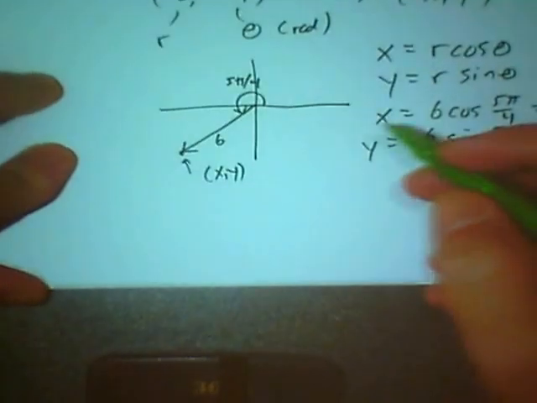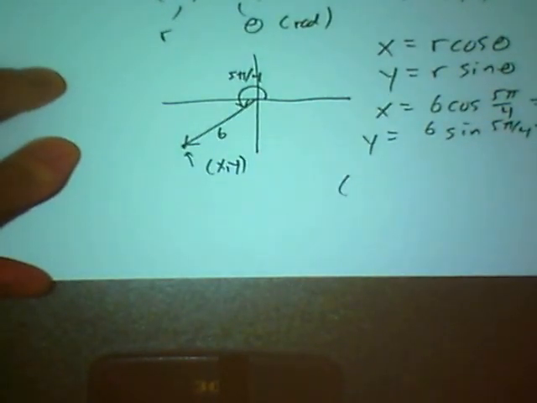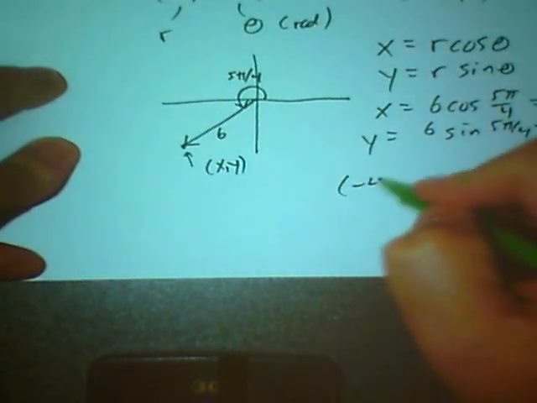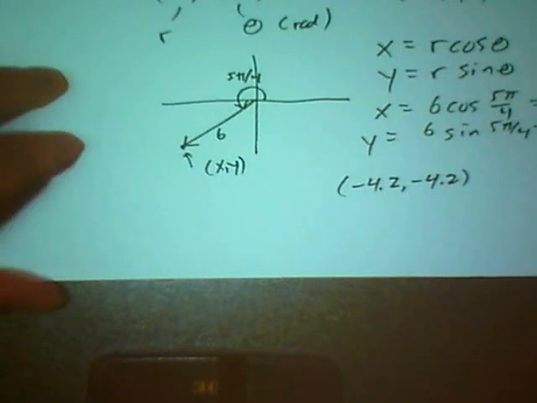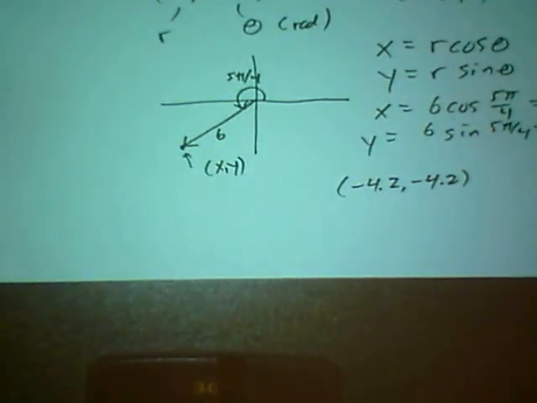So it's basically saying, if I convert those polar coordinates to rectangular coordinates, it's negative 4.2, negative 4.2.